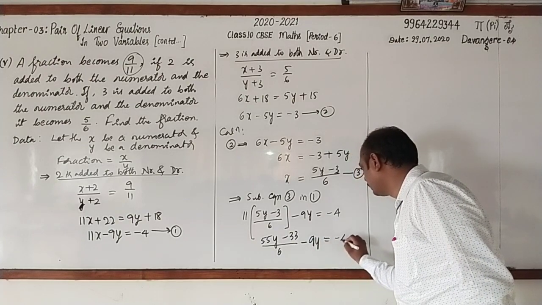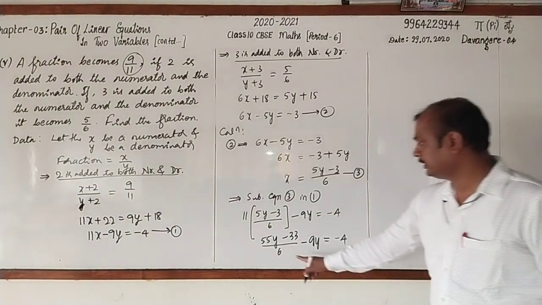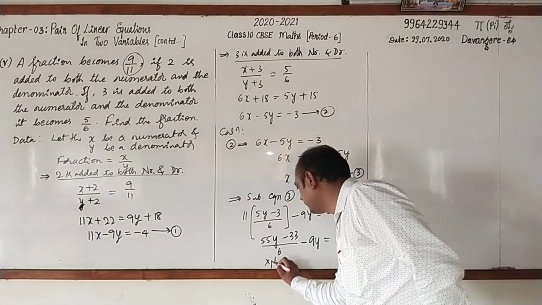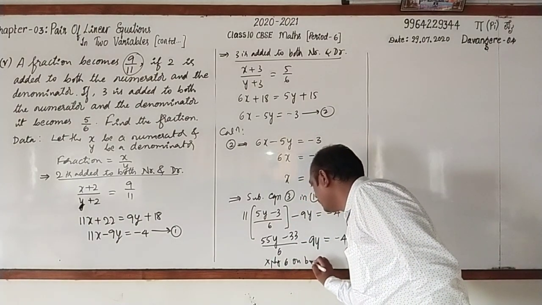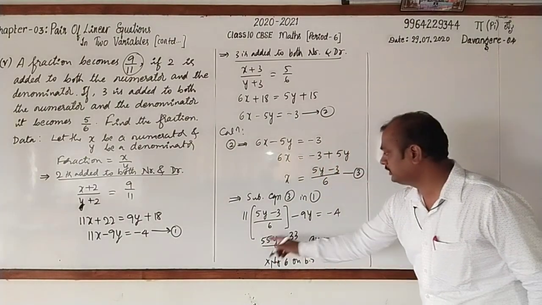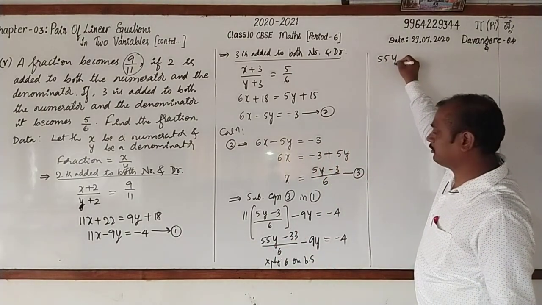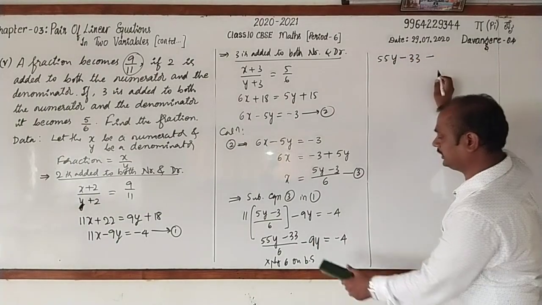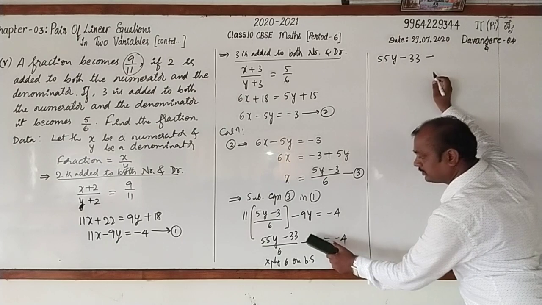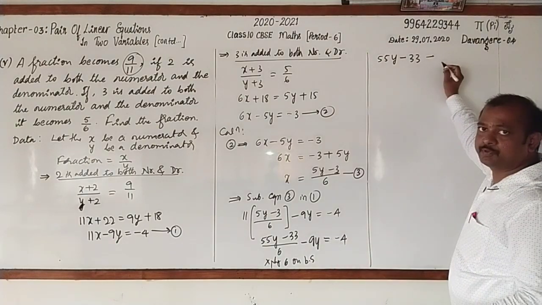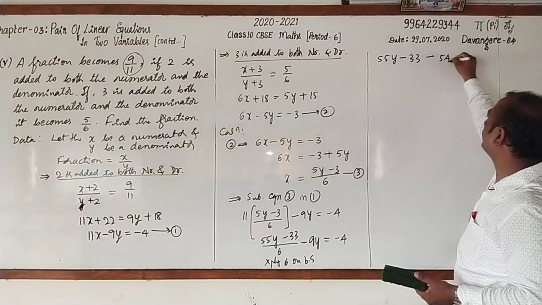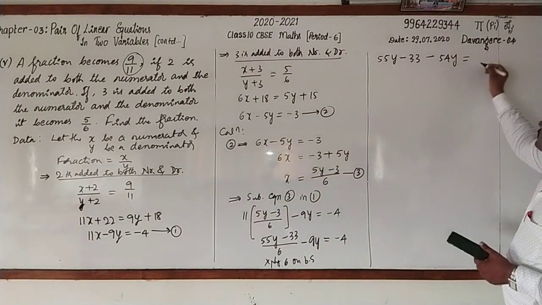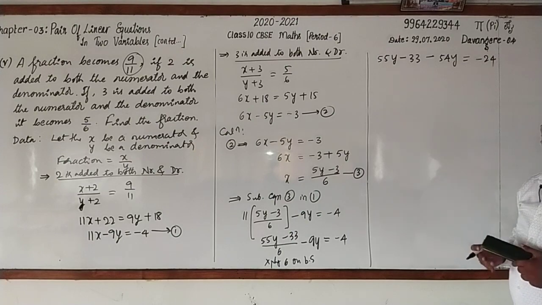It is equal to minus 4. Denominator 6 is there. Multiply 6 on both the sides with all the terms. Then here it becomes 55y minus 33. Minus, multiply 6 with the second term. 6 9s are 54y. It's equal to 6 times minus 4, 6 4s are 24.